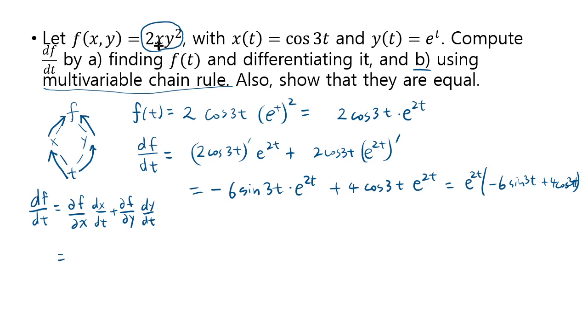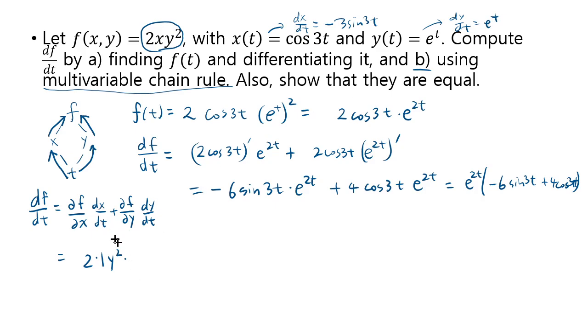So differentiating x just gives you 1, so it's 2 times 1 times y squared times dx/dt. What is dx/dt? Well, x is cosine 3t, so dx/dt using the chain rule will give you negative 3 sine 3t, right? Whereas dy/dt would be just e to the t, right?